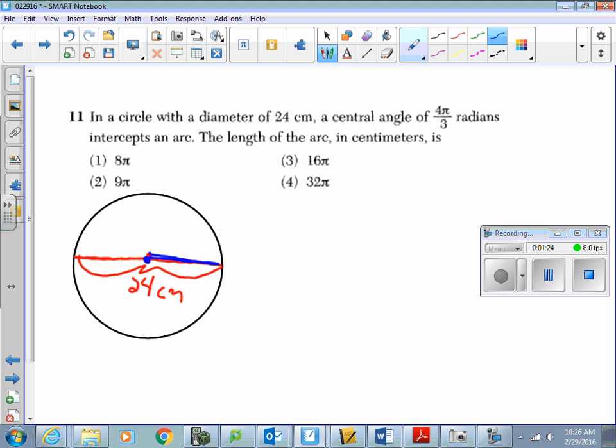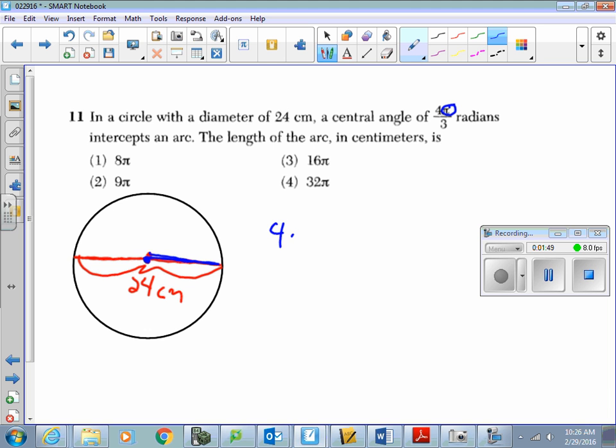Now, 4 pi over 3, if you've been doing the unit circle in my class, 4 pi over 3 should be pretty apparent what that is. If you're not sure what that is, then you need to do a little bit more studying. But 4 pi over 3, one way you can think about it is pi in degree terms is always equal to 180.